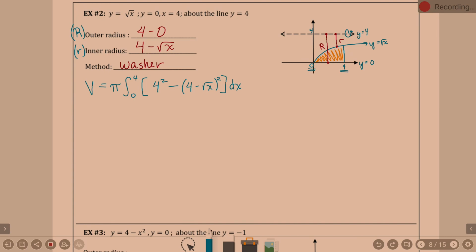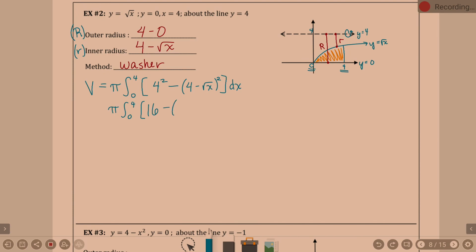Okay. Now, before you integrate, we need to do some cleanup. What does he need to learn how to do? Not make mistakes. He needs to FOIL, yes? When he says 16 minus x, you've got to have a middle term in there. Now, this is going to be minus, right? I'm going to put it in parentheses for the moment.